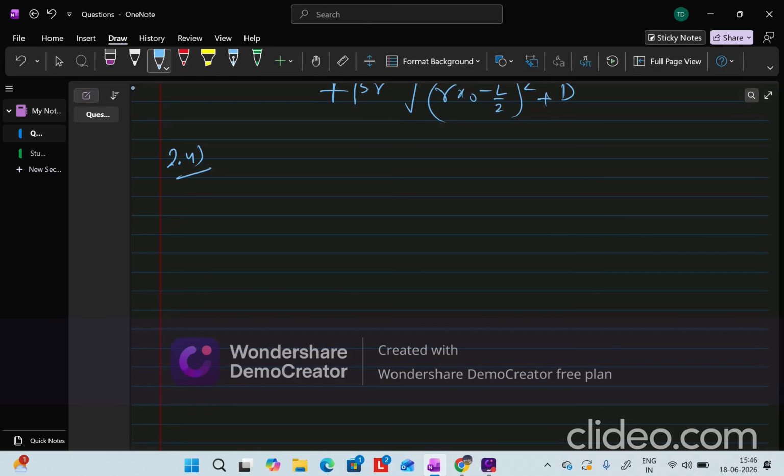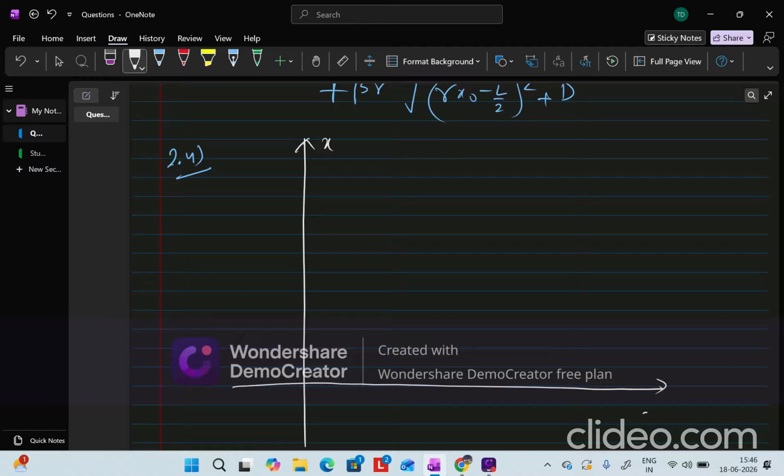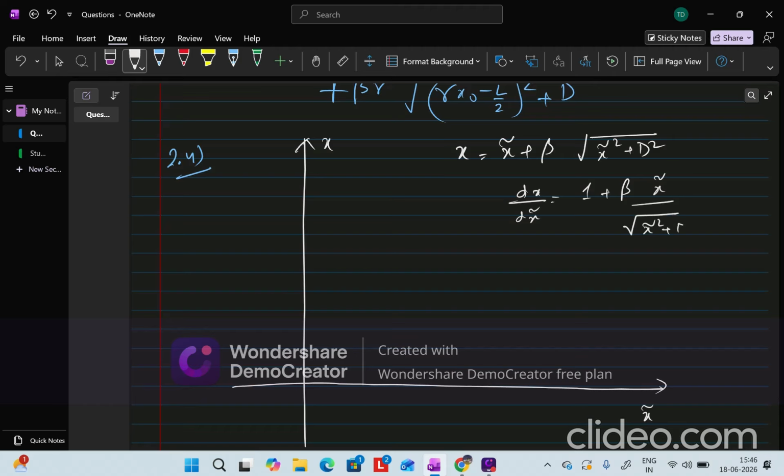For 2.4, if you see the graph between x and x tilde, x versus x tilde graph, you already got one relation previously, that x equals x tilde plus beta under root x tilde square plus d square. So if you find dx by dx tilde, you will get it to be 1 plus beta x tilde by under root x tilde square plus d square.